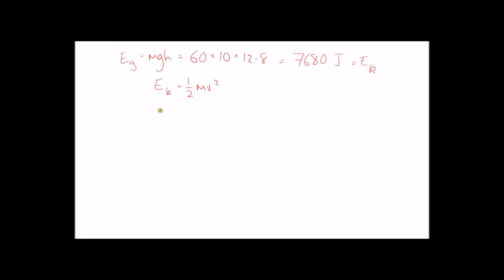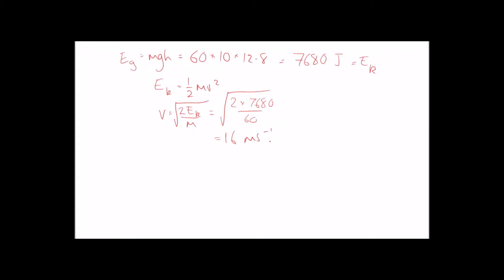So rearranging this, I'm going to get v equals the square root of 2Ek over m. So subbing in, 2 times 7680 over 60, and we get 16 meters per second. Nice round number, which suggests to me that we're on the right track.